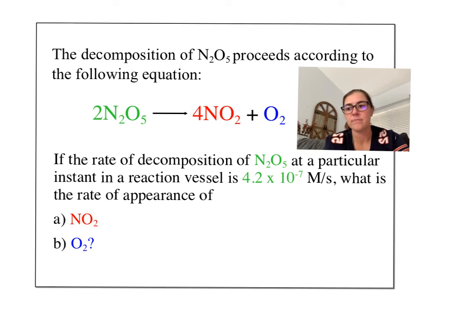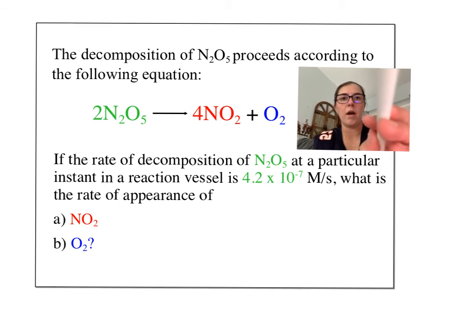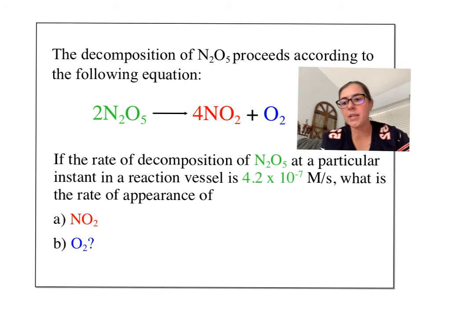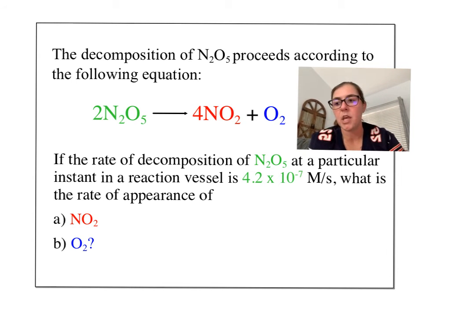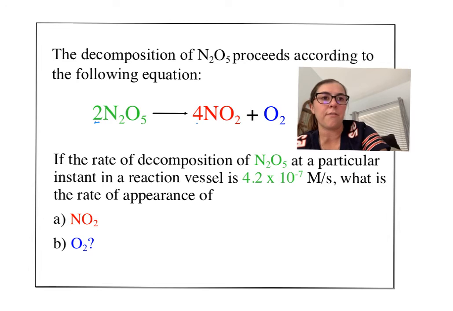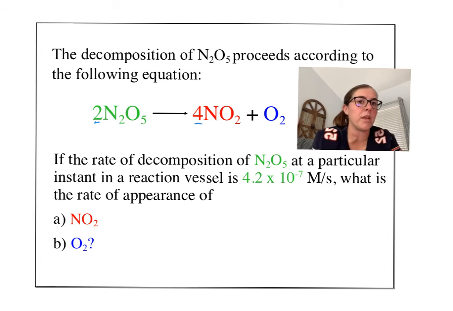3, 2, 1. All right, so first of all, my advice is let's use some common sense. So we know the disappearance of N2O5, and if we look, this is a 2 and this is a 4. So basically what we know is NO2 appears twice as fast.